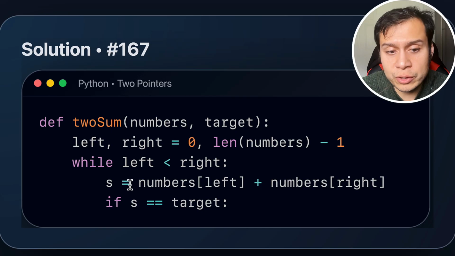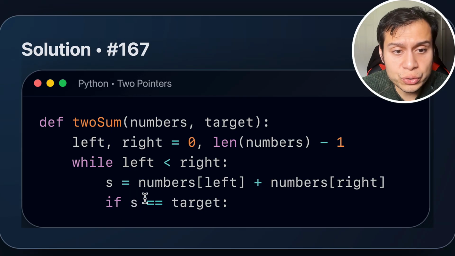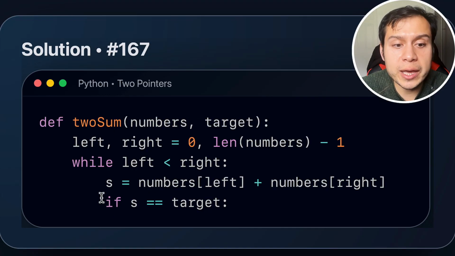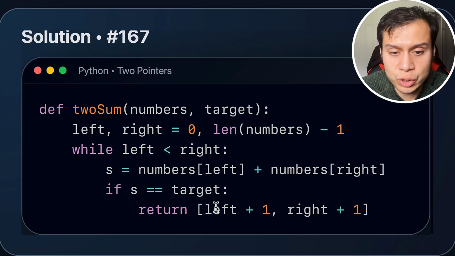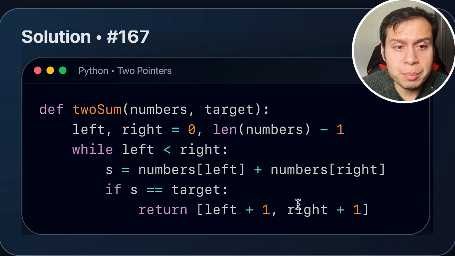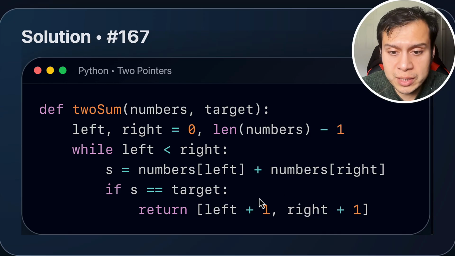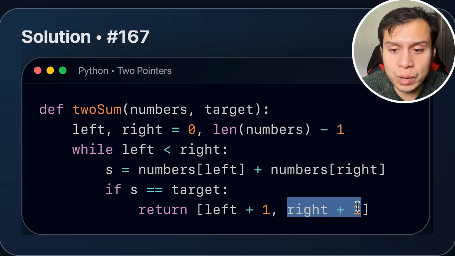Then we compare this window to the target we're given, because we need to make sure that the two numbers from this numbers list equal the target. If our sum is equal to the target, we're just going to return our answer, the left pointer and right pointer directly. Because the question also specified a one-indexed answer, we need to add 1 to both the left pointer and the right pointer.